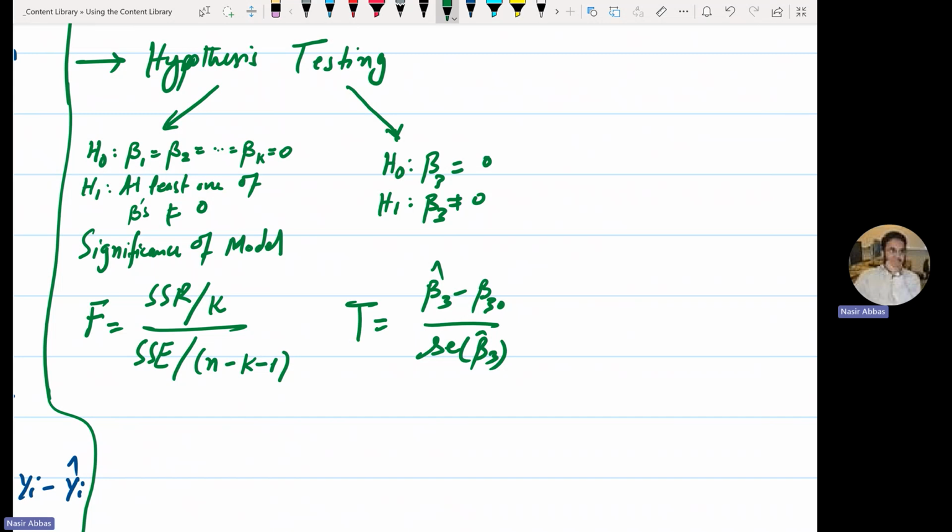What is the third case? I might be interested in testing the significance of whole model, or I might be testing the significance of only one predictor, or none of them, some of them. So I might be interested in all of them, one of them, or some of them.